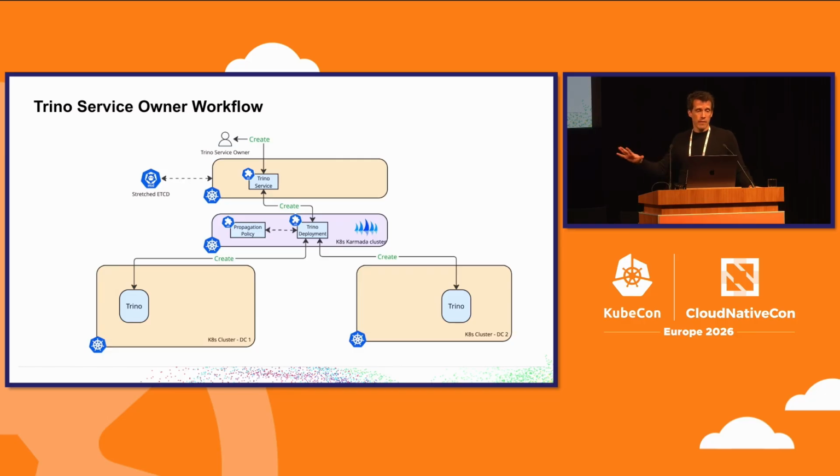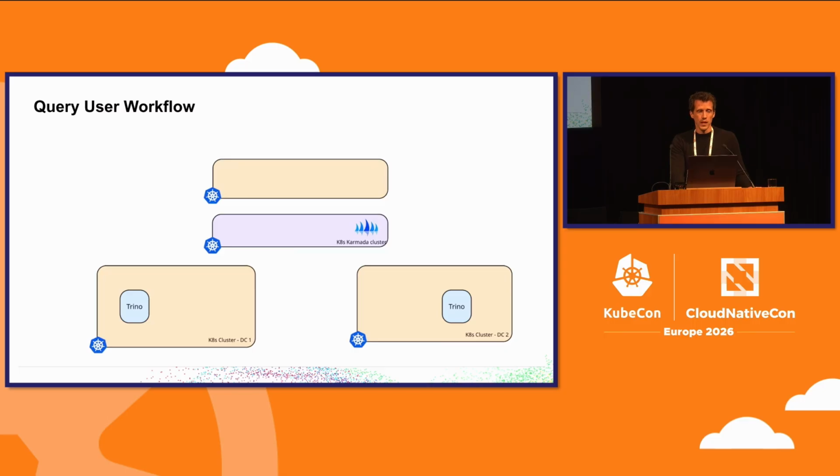And then Karmada fans out the Trino deployment to the member clusters in order to create the Trino pods. Okay, so now we have Trino pods in each data center. And here come the query users. And they want to query these clusters to access data.